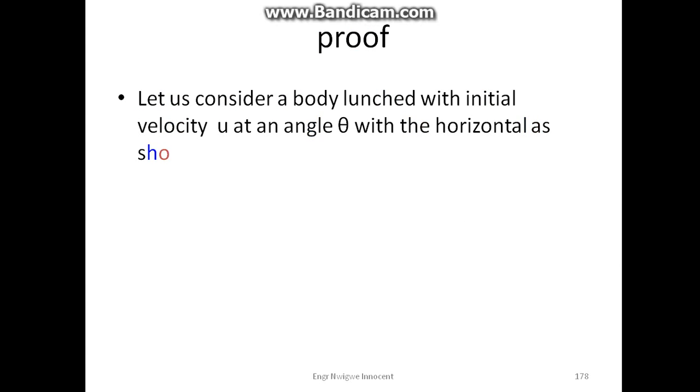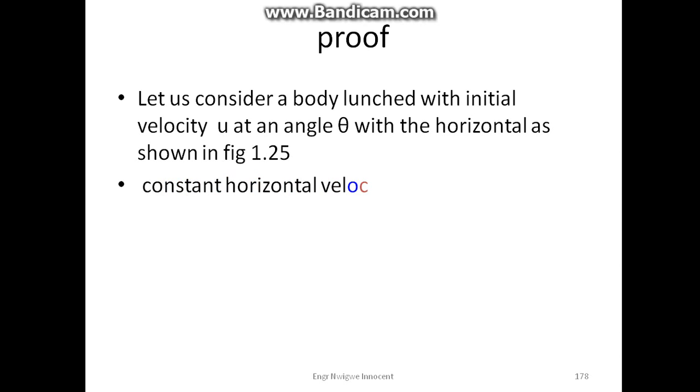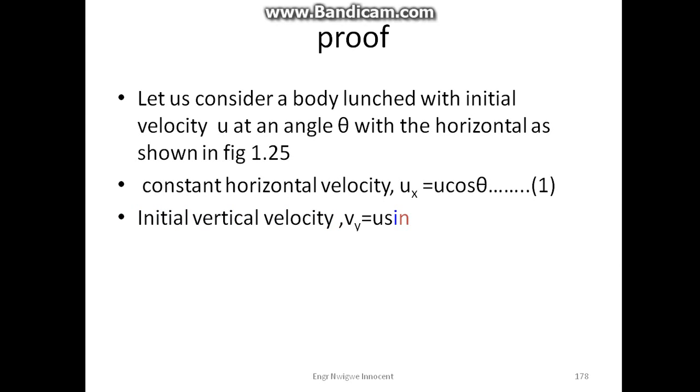Proof. Let us consider a body launched with initial velocity u at an angle theta with the horizontal as shown in figure 1.2. Constant horizontal velocity ux is equal to u cos theta. Equation 1. Initial vertical velocity vy is equal to u sine theta. Our equation 2.